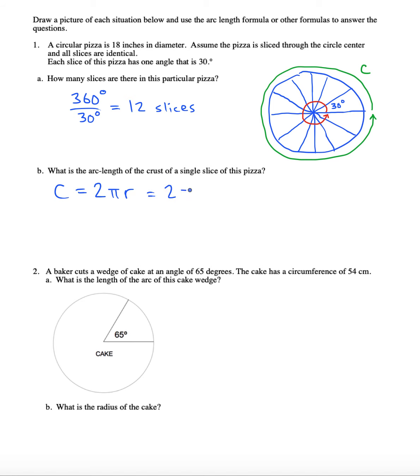We'll plug in our radius, which is 9 inches. That gives us 18 pi inches, approximately 56.5 inches.